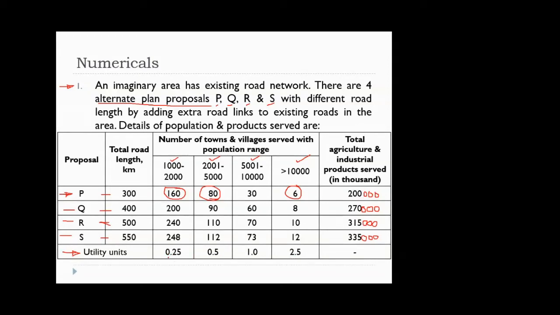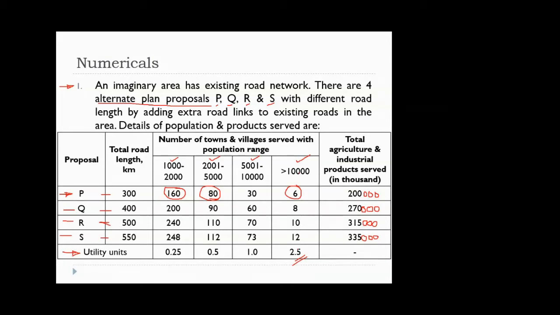You can very well correlate that if your village or town has more population, obviously more people will be using the road that you are trying to develop. So obviously the weightage for that population group will be more. That's why for villages greater than 10,000 population, you have a higher utility value.